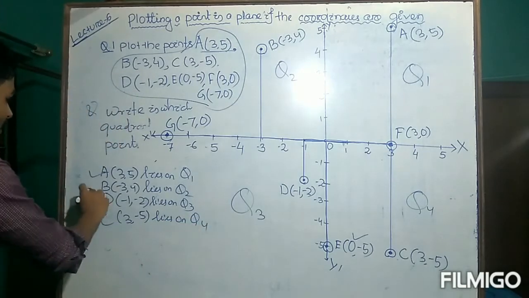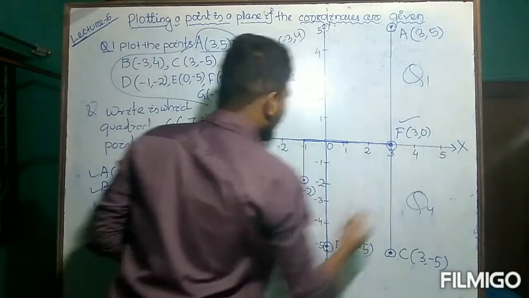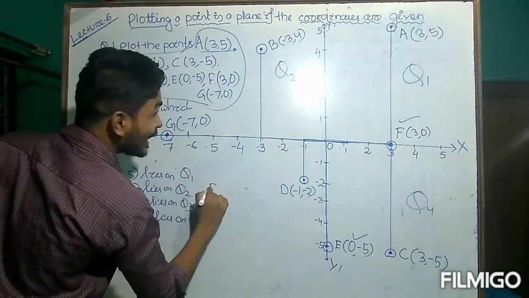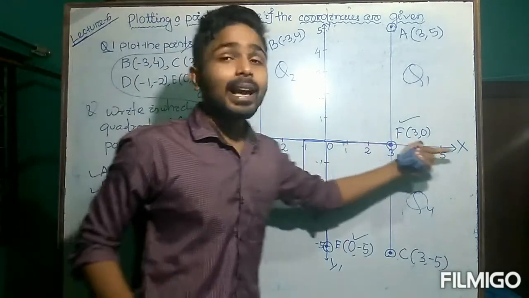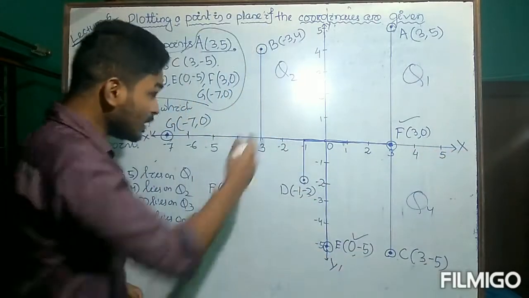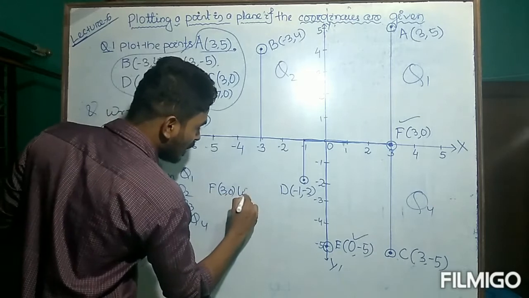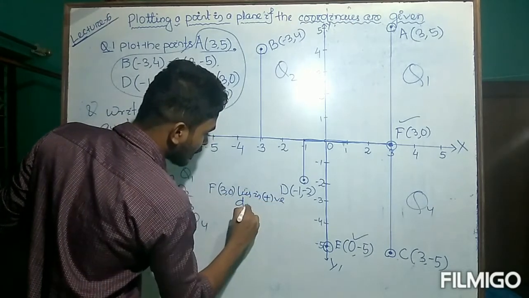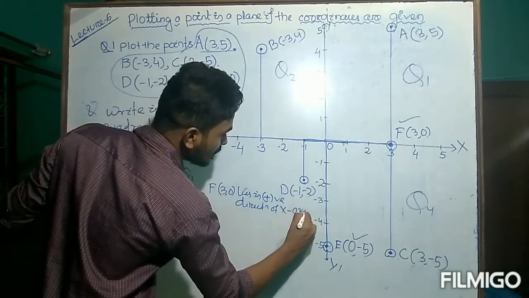Okay. So except for these 4 points, there are also another 3 points. What are they? Point F. So what will we write? We will write, point F (3, 0) lies on which axis? It lies on the x-axis. And in which direction? In the positive direction. So you can write, F (3, 0) lies in the positive direction of the x-axis.